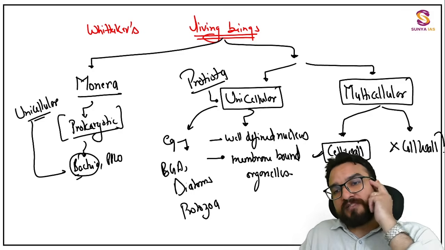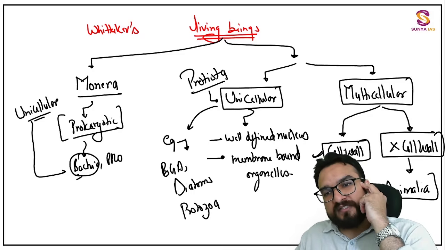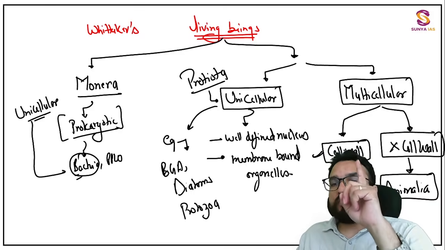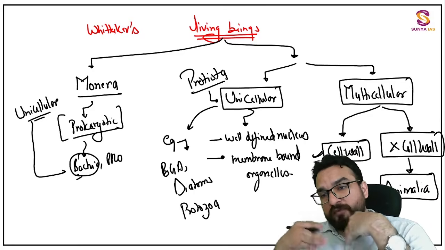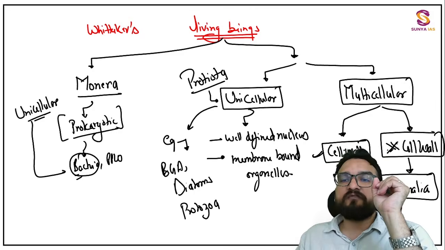So those organisms which are not having a cell wall are nothing but animals. So from here one kingdom emerged, that is Animalia. So Animalia will have one common feature, either reptiles, birds, fishes, or mammals. They will be having one common feature, that their cells will not be containing a cell wall.